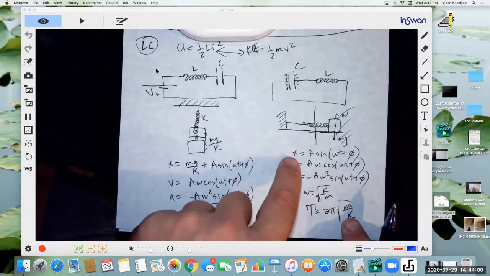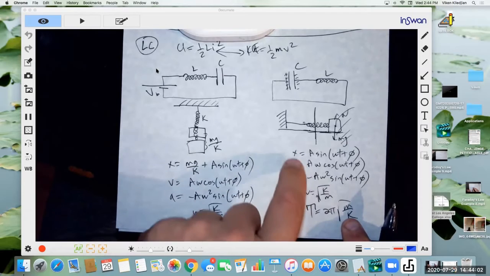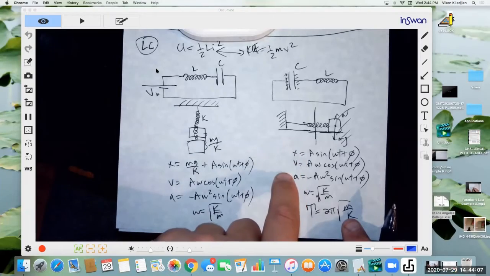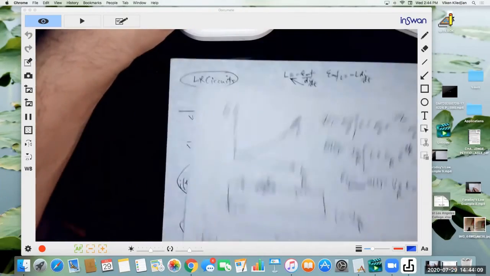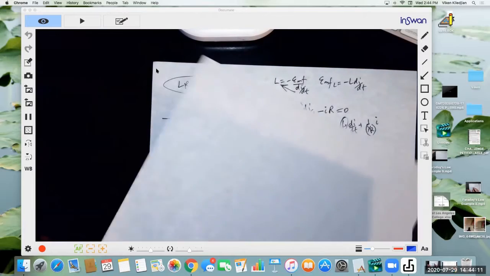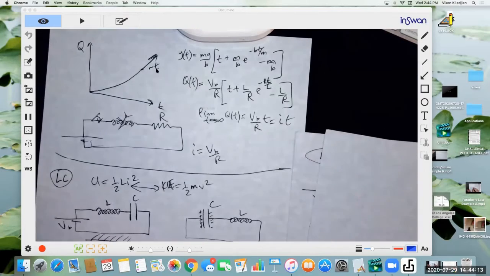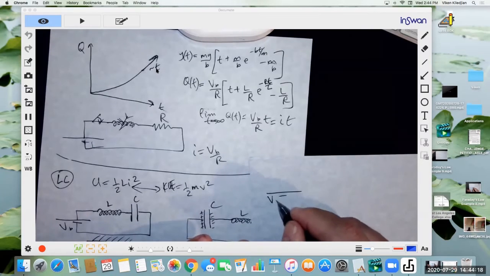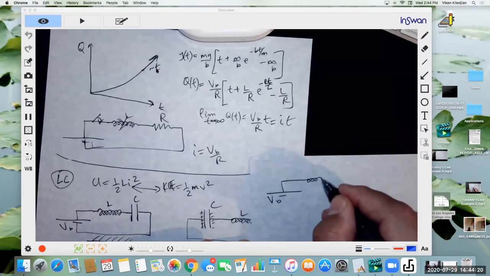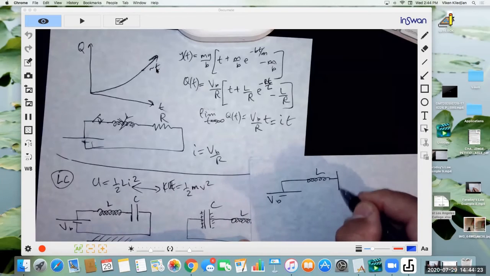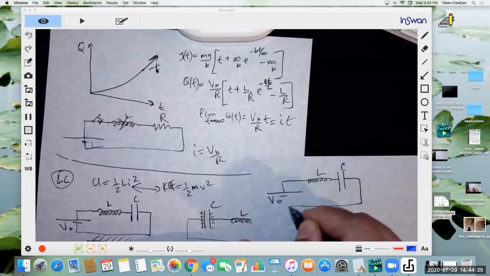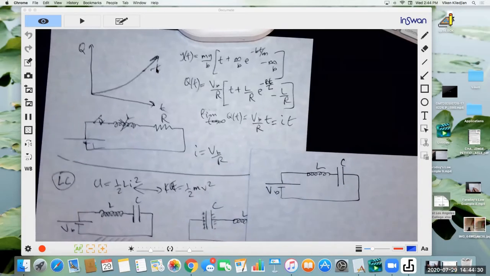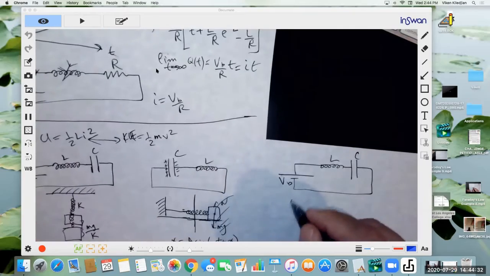Okay, now whatever holds true for x, v, and a also holds true for q, i, and di dt. So in this circuit, with a battery, the equation will be q.